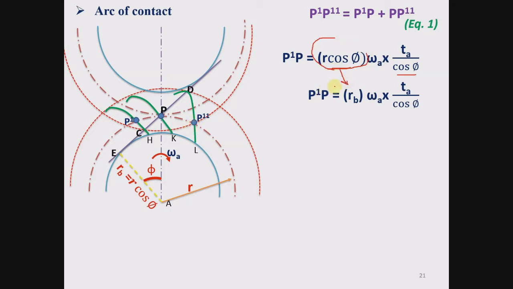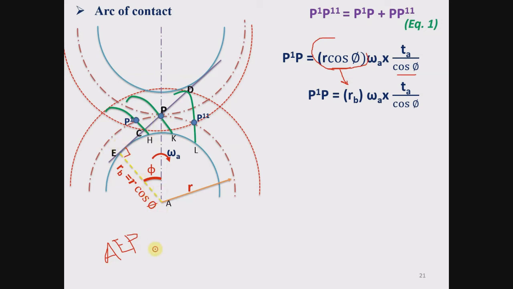We have seen this so many times. Here, from triangle AEP, which is a right angle triangle with the angle at E being 90 degrees, cos of phi is the adjacent side divided by the hypotenuse.